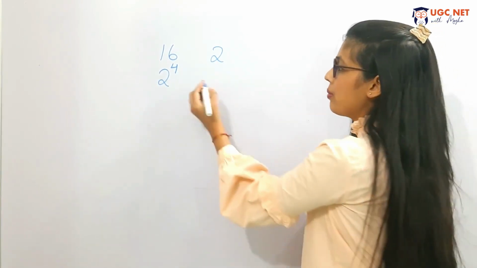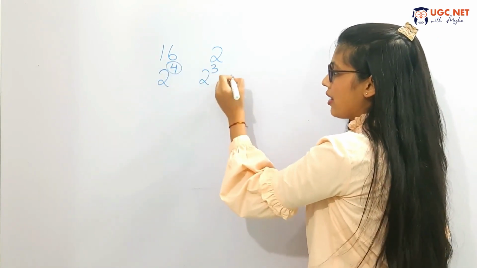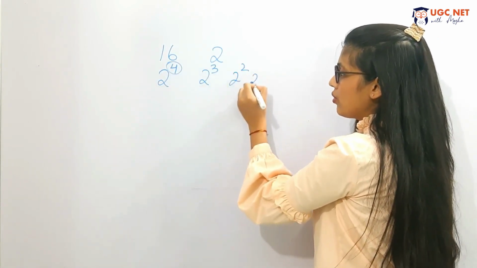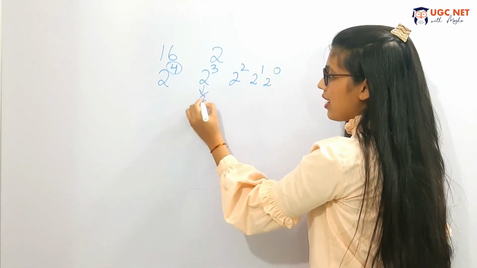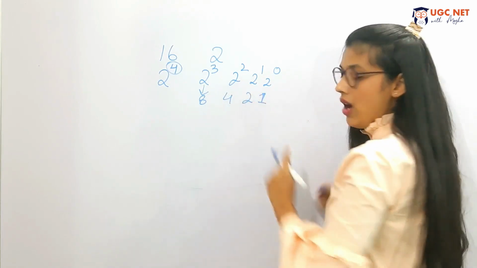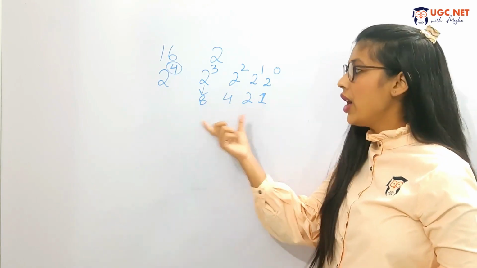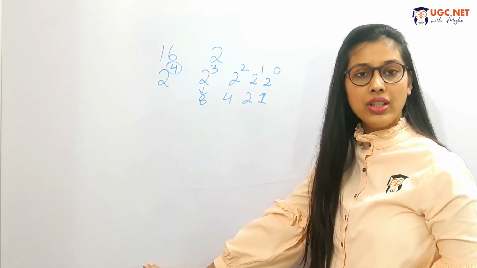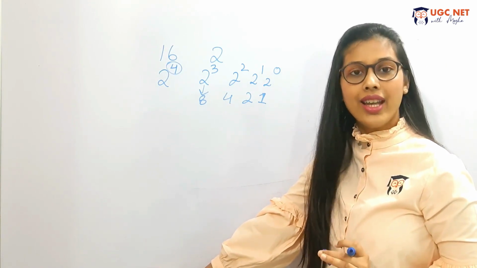So now we would be considering the powers which are less than 4: 2 raised to power 3, 2 raised to power 2, 2 raised to power 1 and 2 raised to power 0. The values for these are 8, 4, 2, 1. Now again we would be using the combination of these numbers to bring the total of all the digits, that is the 16 digits from 0 to 15 under the hexadecimal.